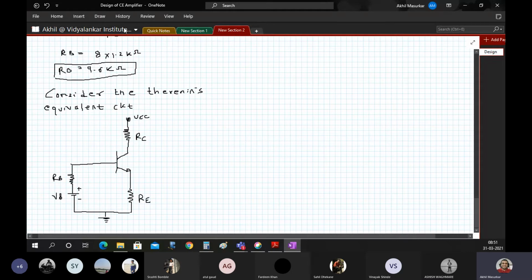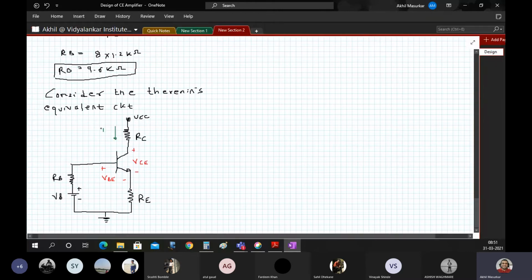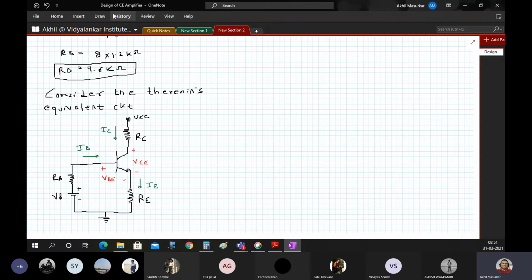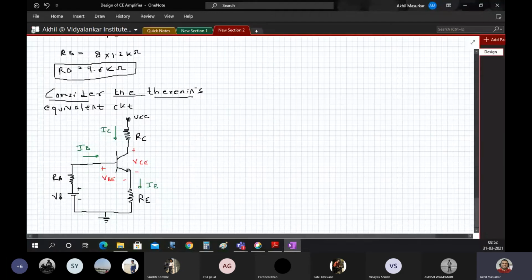So we'll just mention certain things here. What is flowing through this is IC, IB, and here what is going to flow is I. So as you can see here, in the Thevenin's equivalent circuit, the voltage at the VB is equal to R2 upon R1 plus R2 into VCC.